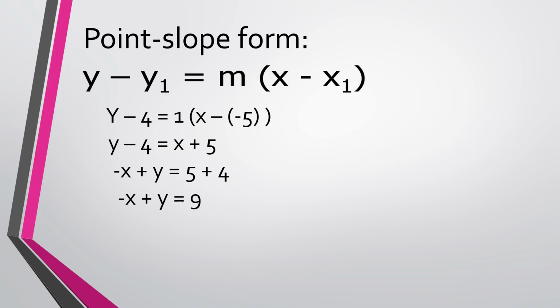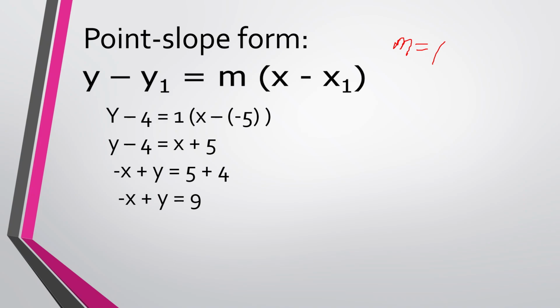Okay. Now let us substitute. Since our slope is 1, we have now y minus 4, okay, so y sub 1 is 4, equals 1 times x minus -5. So we have here y minus 4, since x times 1 is x.